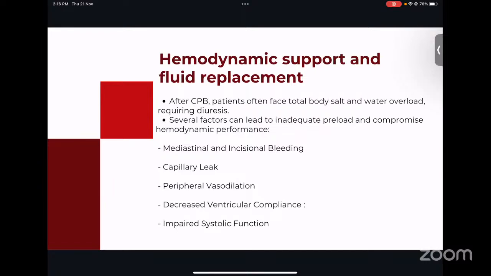For fluid replacement after cardiopulmonary bypass, patients typically experience total body salt and water overload, which necessitates diuretics, but several factors can lead to inadequate preload and compromise hemodynamic performance.